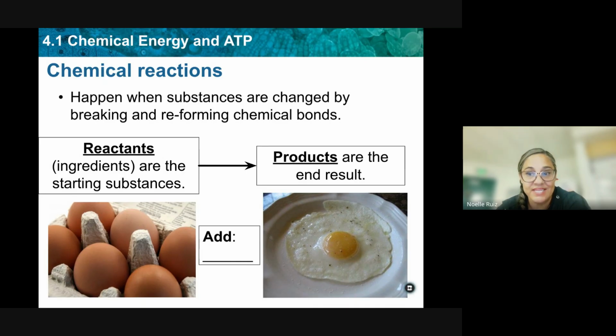Typically, that something is heat, but different chemical reactions that happen in nature have a different add button to be able to break and then reform those chemical bonds. So in that blank spot, you can put heat again. And then the products are the end result. The name is the same, whether it's in the kitchen or the classroom. The end result of a chemical reaction are still called products.